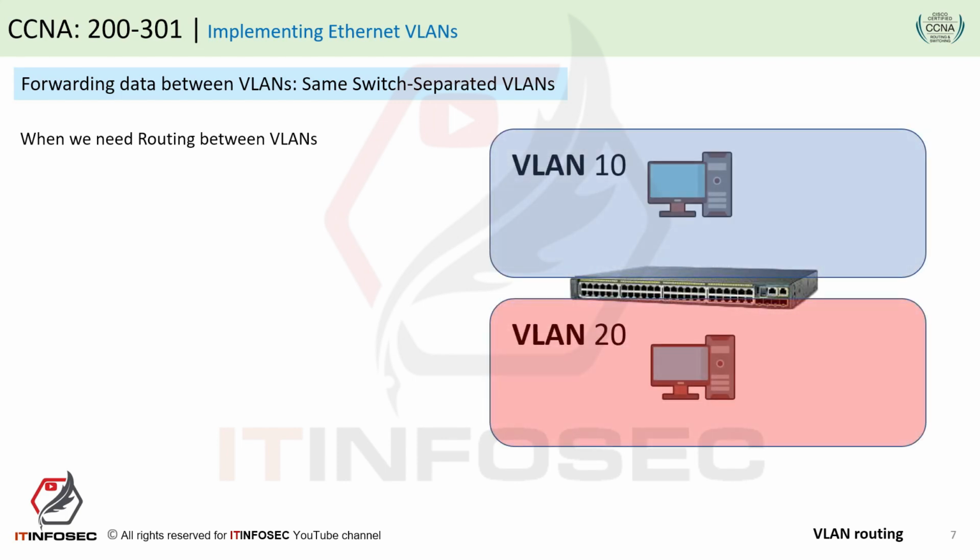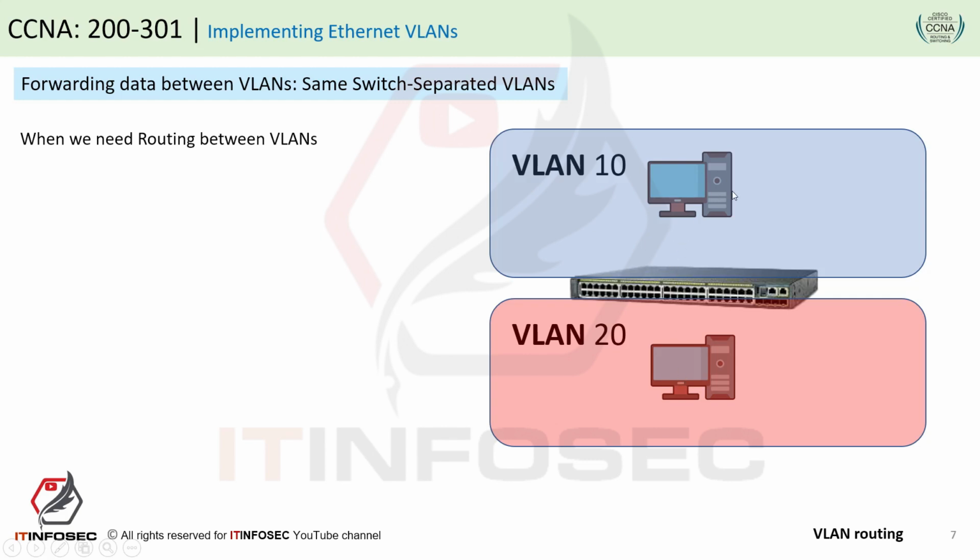Imagine this is our network, a layer 2 switch, with some ports assigned to VLAN 10 and some other ports assigned to VLAN 20, and all computers in the same VLAN can be connected to each other, and likewise in the other VLAN. But we need to make a connection between VLANs.